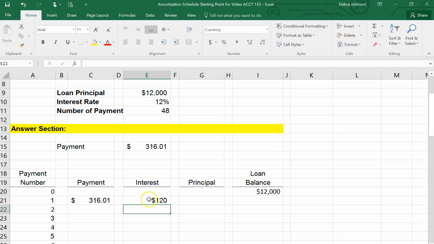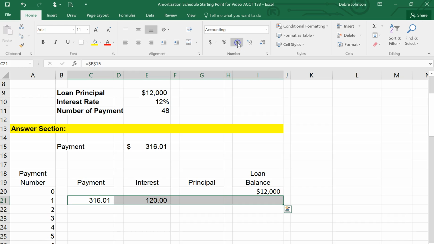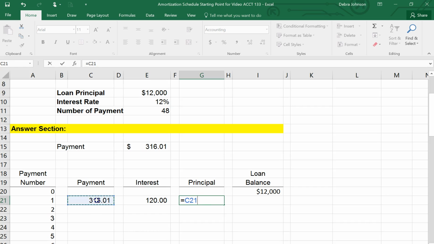That tells me that my interest on the first payment is $120. I might as well format all of these to be dollars and cents. And the principal is the difference between the fixed payment amount and the interest, which is the amount the bank charges for giving you the loan.